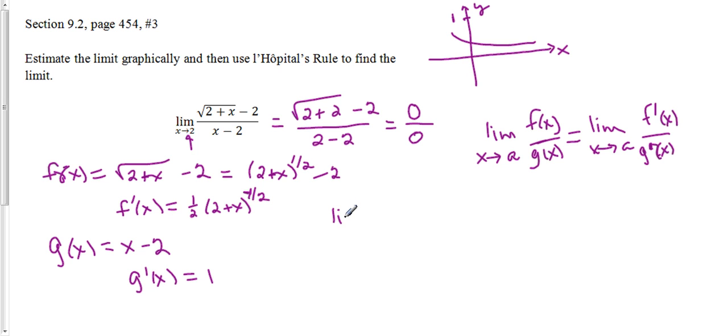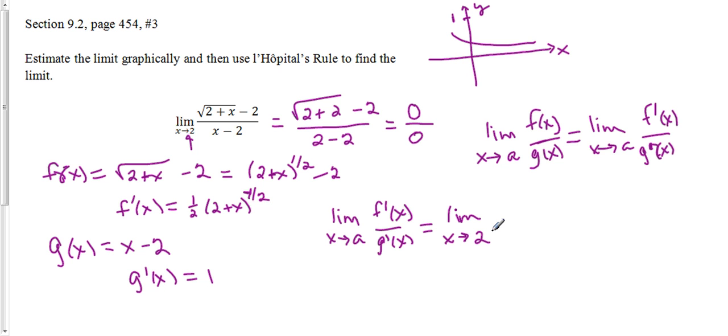So I'm going to have the limit as x goes to a of f prime of x over g prime of x. And for our particular problem, I'm actually going to take the limit as x goes to 2.